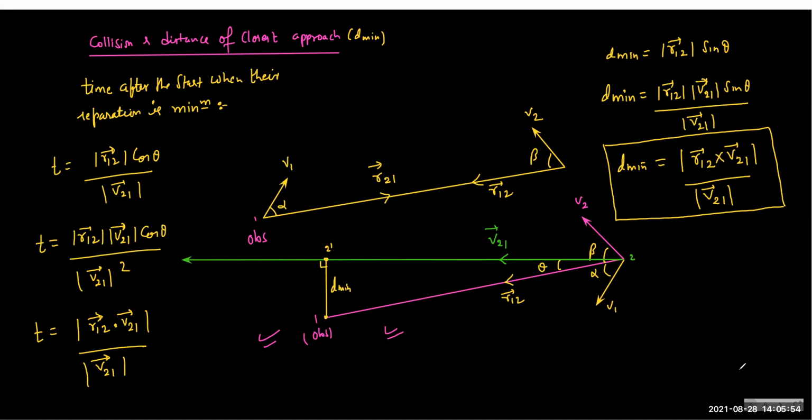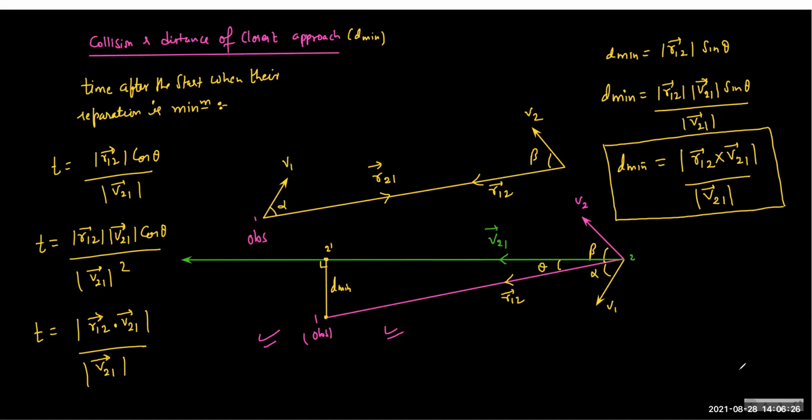In the frame of observer 1, the 2 will move in this green direction, the green arrow, because I have taken that as V21. V21 means velocity of 2 as seen by 1. So in the frame of 1, the 2 seems to be moving in the direction of the green arrow, which is nothing but the resultant of 2 and 1.